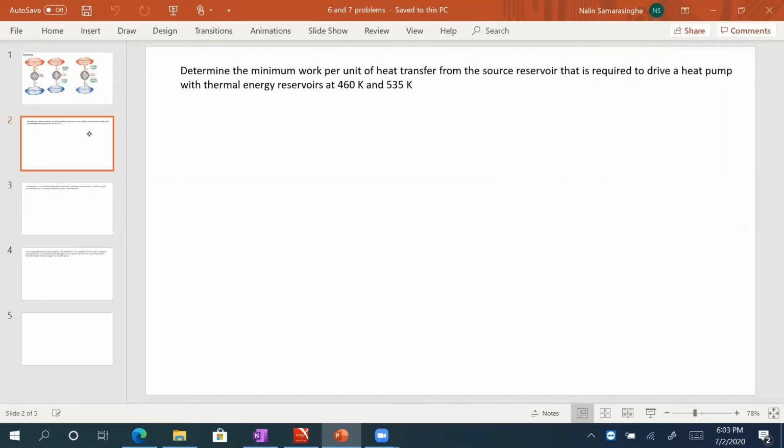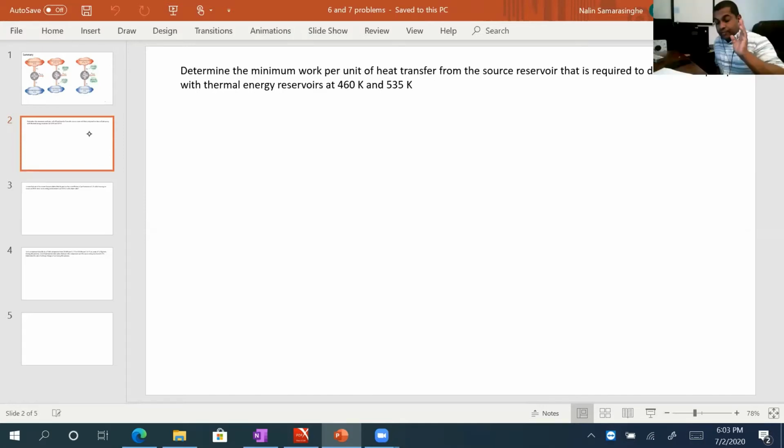Where is it posted? It should be in the eCampus. Sorry, Connect. Yeah, when you go to the Connect system, you should be able to see the solutions. Just like how you see the answers for your homeworks.